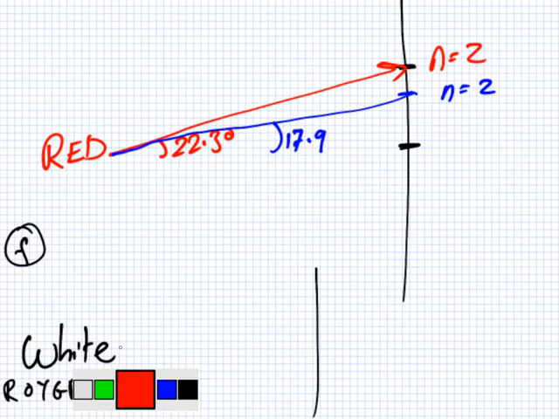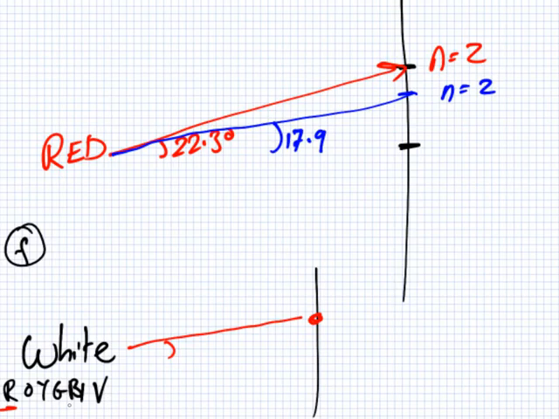So the red light will be here, and then the blue light, bigger angle or smaller angle? Smaller angle will be here. So what do you think about the green light? Where would that be? In the middle. Yeah, the green light will be somewhere in the middle.